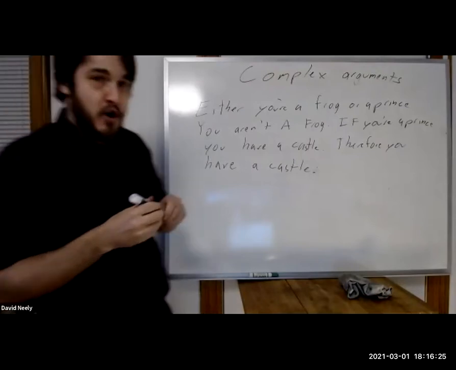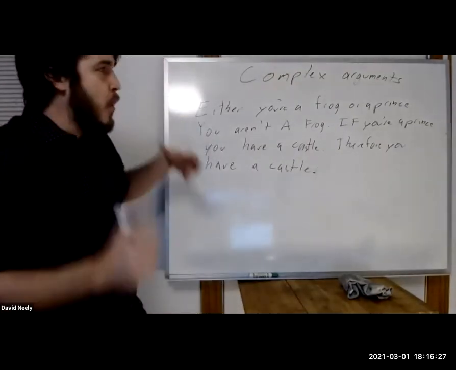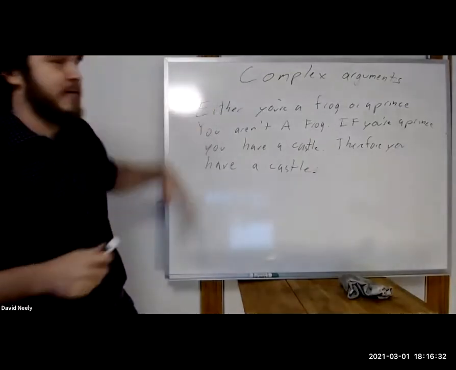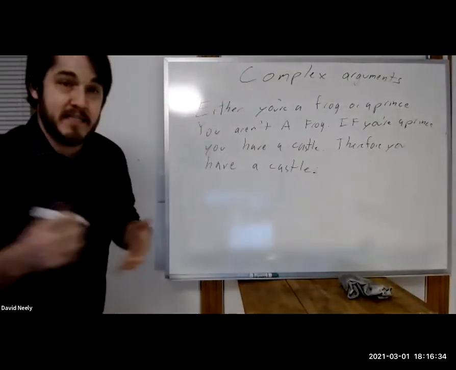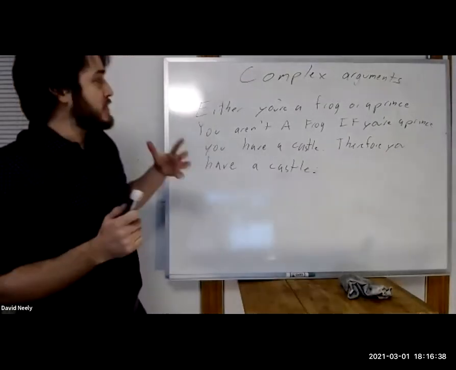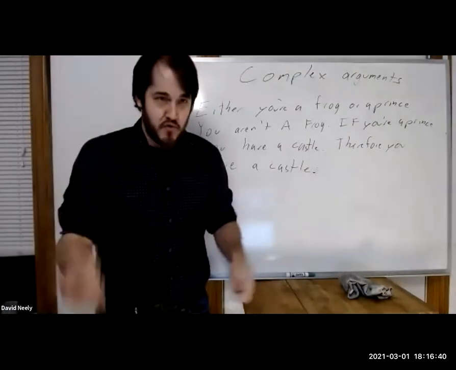And it will be a complex argument because it's not just one of the things we talked about last time. It's rather combining a few different arguments together. And the way you can think about this is in terms of drawings or in terms of structures.